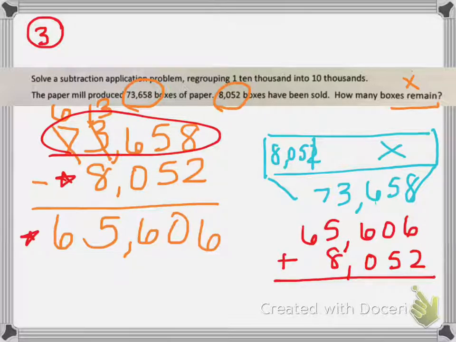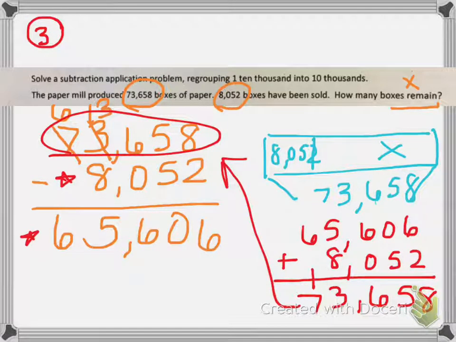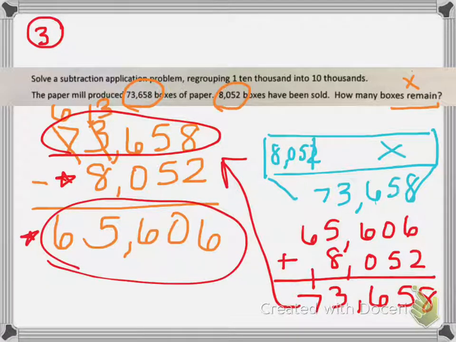Okay, 6 plus 2 is 8. 0 plus 5 is 5. 6 plus 0 is 6. 5 plus 8 is 13. 6 plus 1 is 7. 73,658. It matches this. So yes, check. We got the right answer.